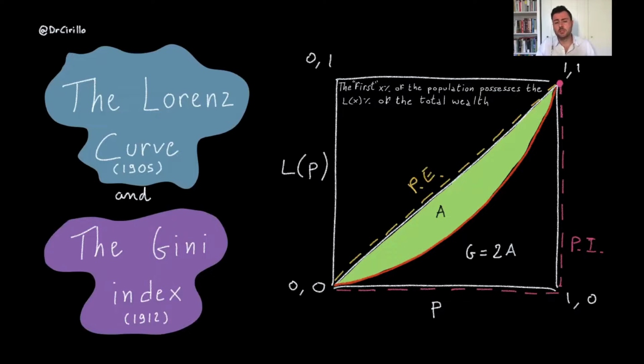Now you can imagine that necessarily this curve needs to be non-decreasing, because every time I'm increasing the percentage of the population that I'm considering, it makes sense that the wealth in the hands of that percentage cannot be lower than the wealth in the hands of a smaller percentage of the population. So this function needs to be non-decreasing. And we can also show analytically that this function needs to be convex.